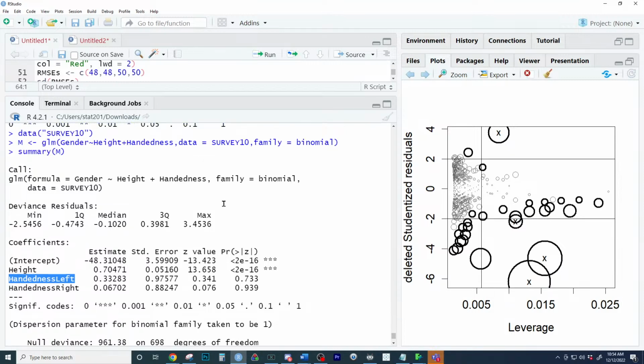So it's logistic. It's also multiple, and that's an indicator. So what would you write? Interpretation.